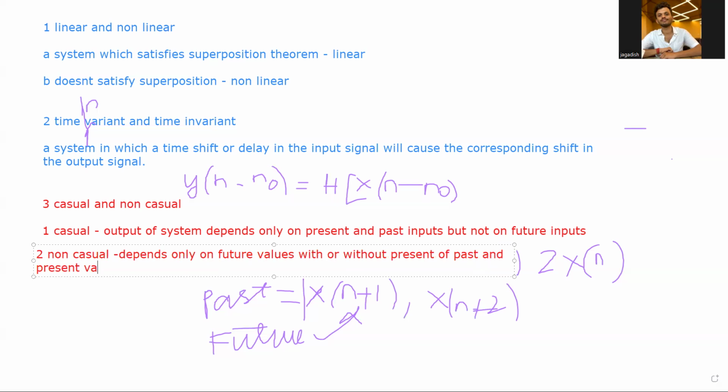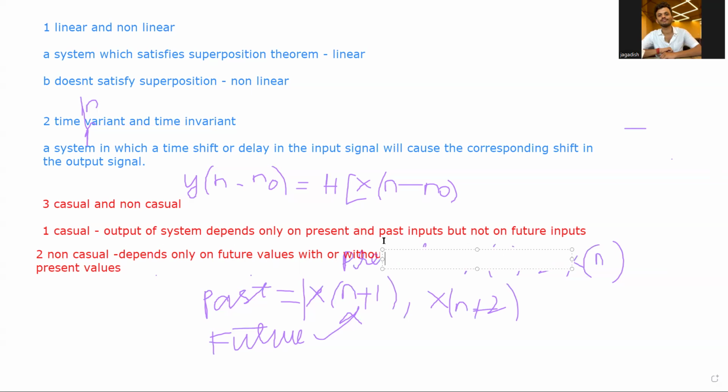In a non-casual system, a future value must be there. Future value should be present. Present or past might be there or might not be there, it is not a problem, but the future values should be present in the system. That is the meaning of the non-casual system.